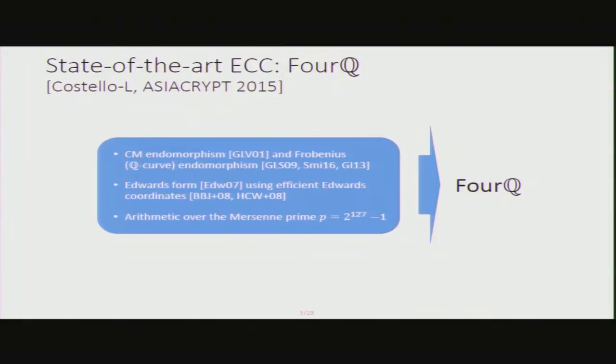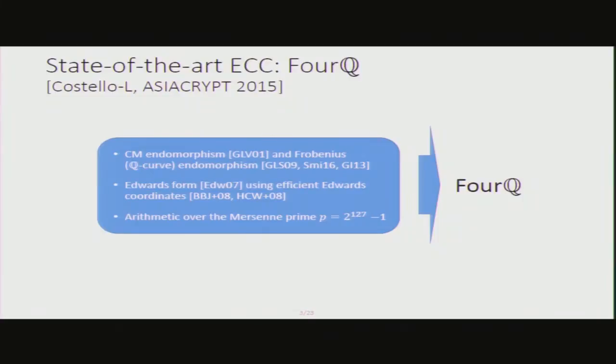It combines in an optimal way two endomorphisms. This has been work that began with the seminal work by Gallant, Lambert, and Vanstone, and continued until very recently with Ben Smith, Guillevic, and Ionica.